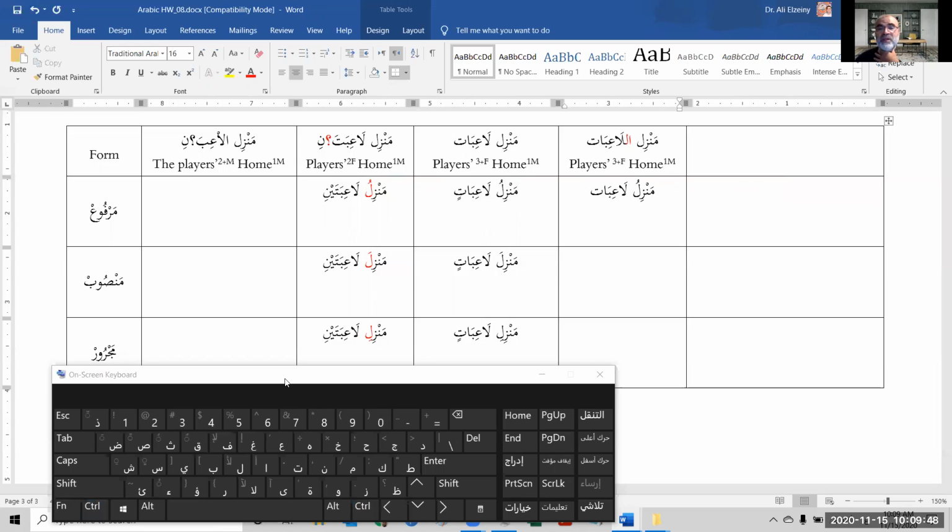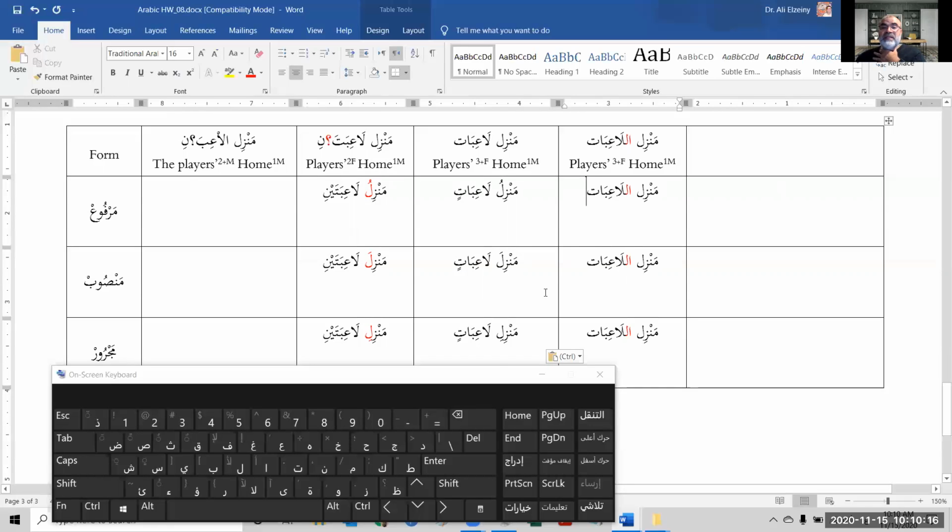Tanween and alif lam cannot exist in one word at all. So the default is tanween unless I have alif lam that stops the tanween. So this one has alif lam. Okay, so what is the rule then?